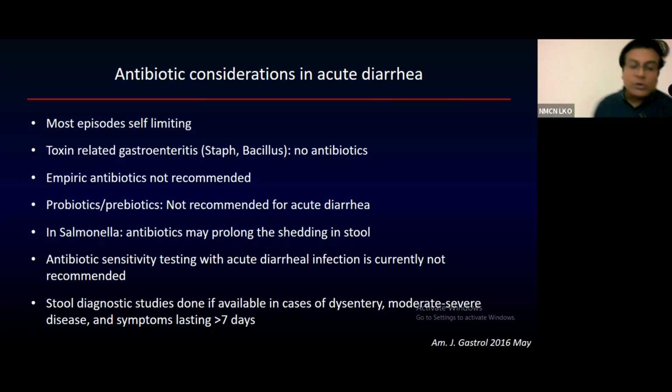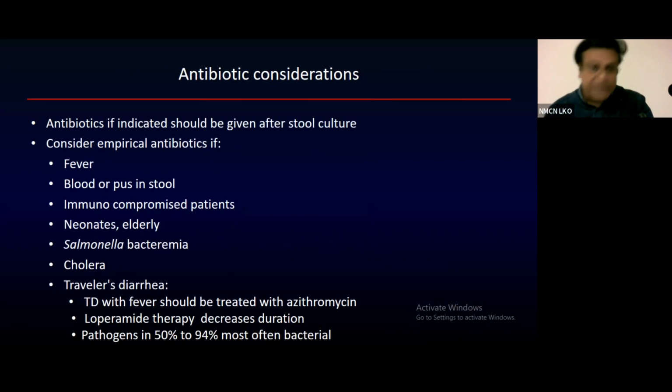Stool diagnostic studies are done, if available, in case of dysentery. What is dysentery? It is macroscopically visible blood in the stool, or moderate to severe disease, or symptoms lasting greater than 7 days. Antibiotics are indicated and should be given if stool culture shows the organism.